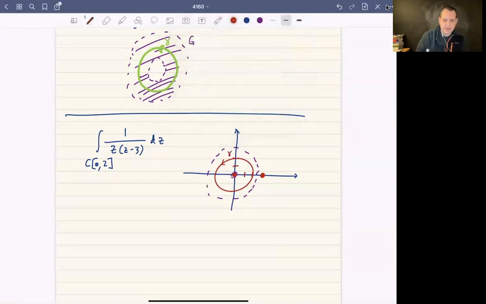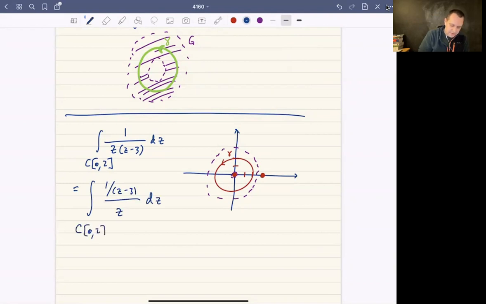This red curve is not contractible to a point, and therefore you have to do something like Cauchy's integral formula. But Cauchy's integral formula works out super nicely. Since we don't have to worry about what happens at 3, we can think of this as the integral of 1 over z minus 3, all over z, dz, where we're integrating over the circle centered at 0, radius 2.